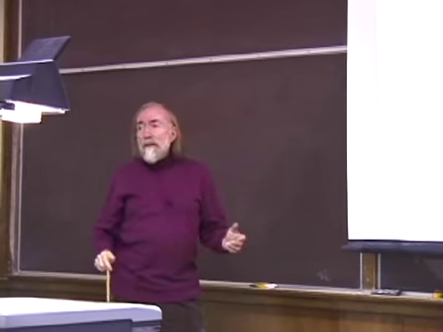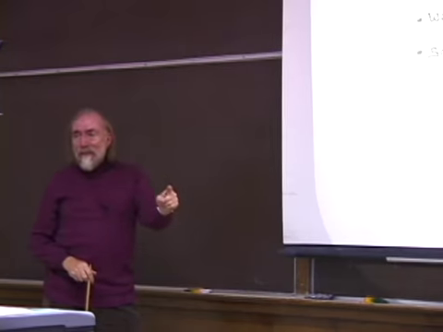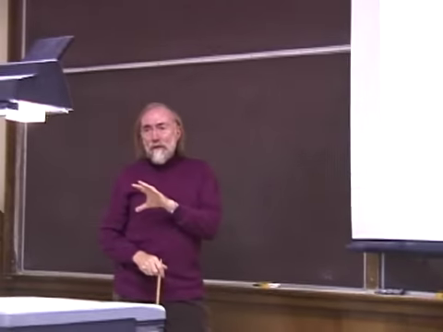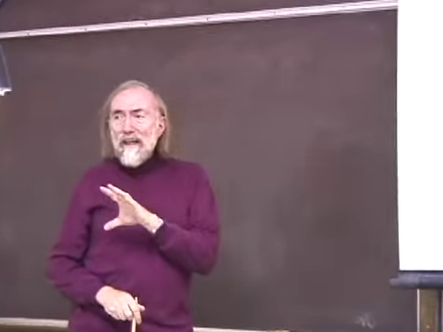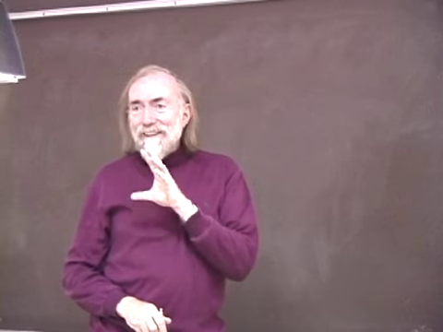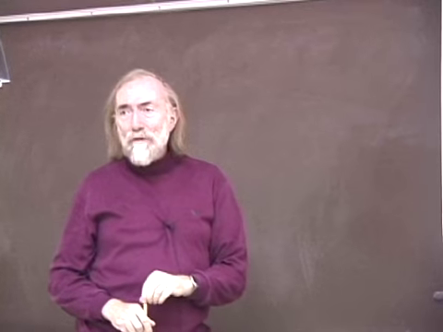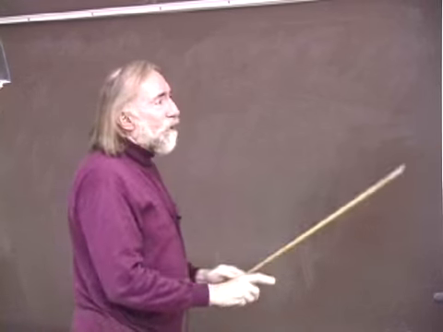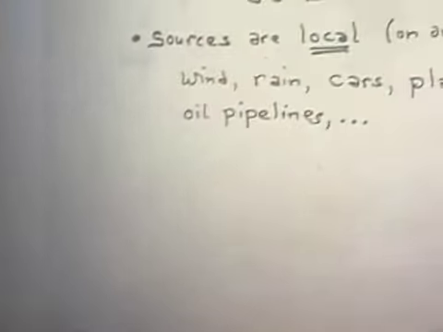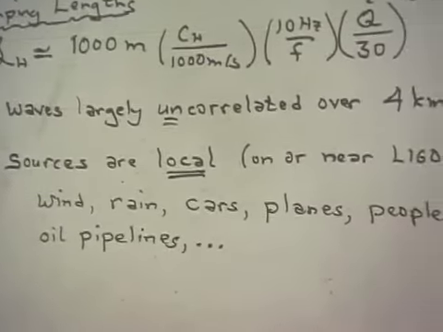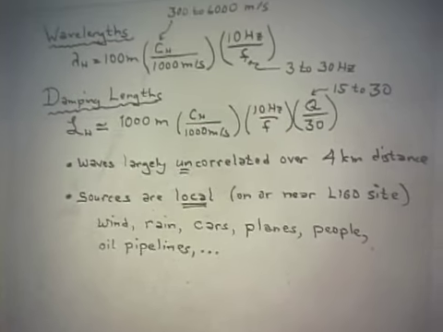So there may be 8 e-folding lengths from one end of the beam tube to the other, which means that this stuff we're worried about is locally produced in the vicinity of the ends of the beam tube by people, by rain, by loggers felling trees, by trucks, and so forth. And so, as I say, sources are local: wind, rain, cars, planes, people, oil pipelines. There's an oil pipeline that is a little problematic near the facility in Louisiana.